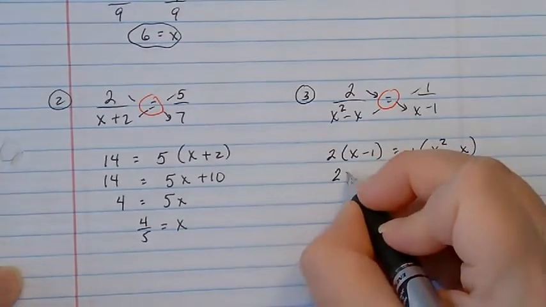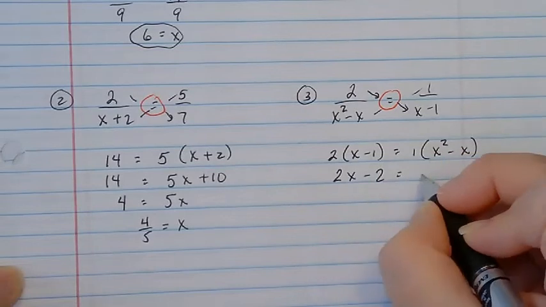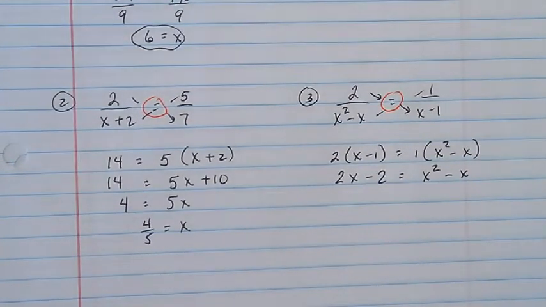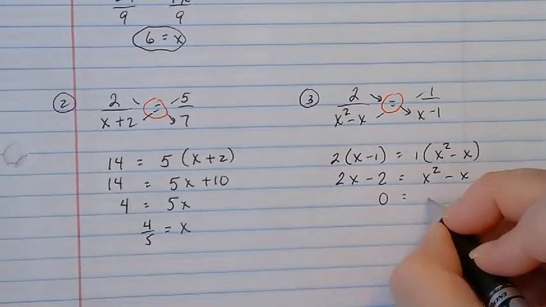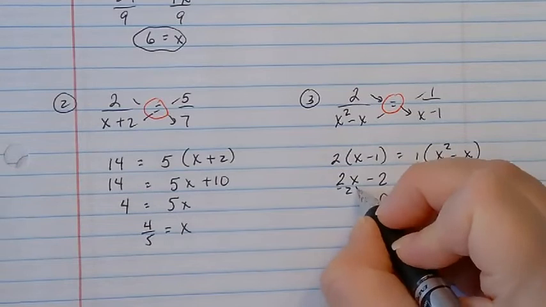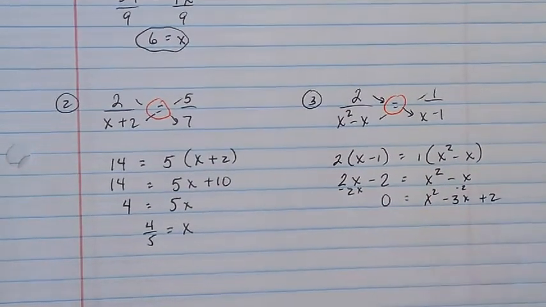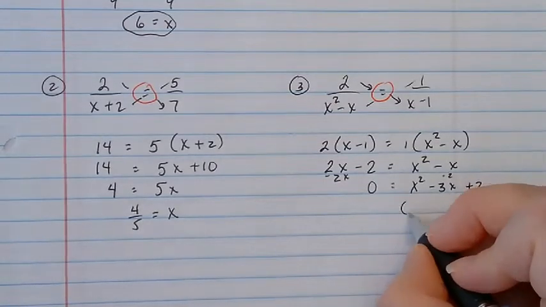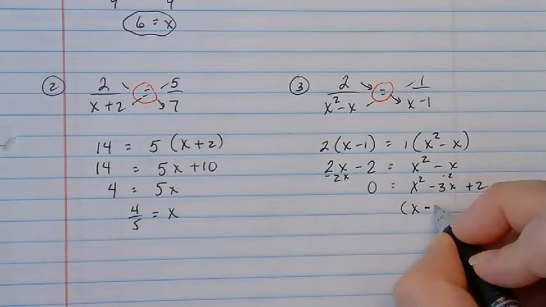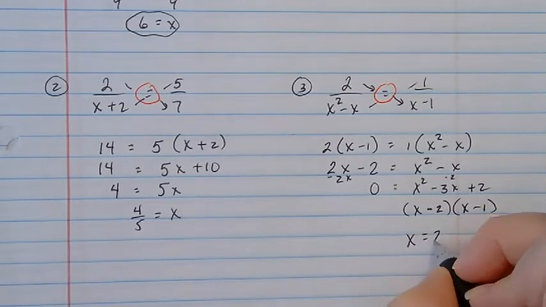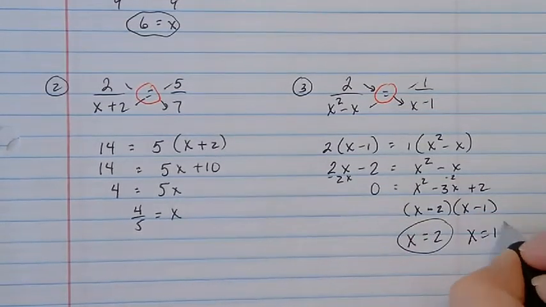So I've got 2x minus 2 equals x squared minus x. Since there's an x squared in the problem, I'm going to put one side equal to 0. So I'm going to have x squared, minus 2x from both sides, so I get x squared minus 3x plus 2. And this factors to (x minus 2)(x minus 1). So x could be 2 or x could be 1.